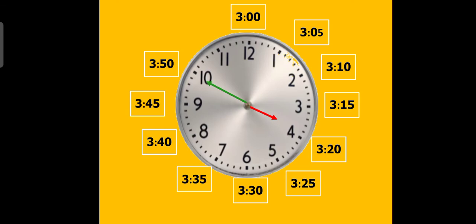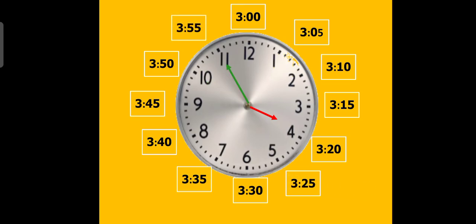Now the long hand is on 10. What is the time now? 5, 10, 15, 20, 25, 30, 35, 40, 45, 50. So it will be 50. The short hand didn't reach 4, so it will be 3 hours and 50 minutes.